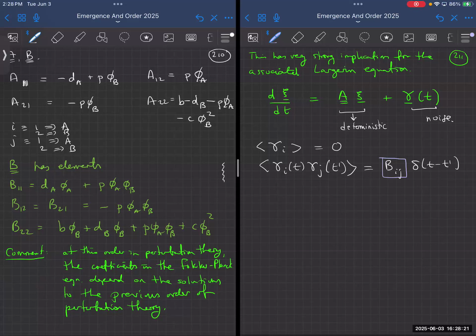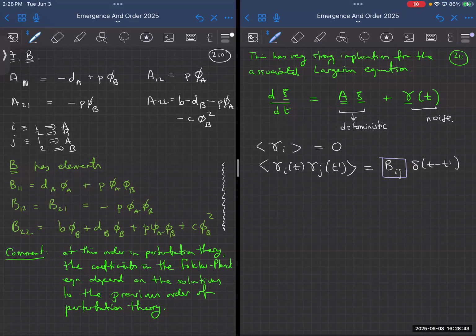And those matrix elements depend on the previous order of perturbation theory. So the fluctuations, their correlator depends on the average value. If the average value goes to 0, then the correlation of the gammas also goes to 0 as well.